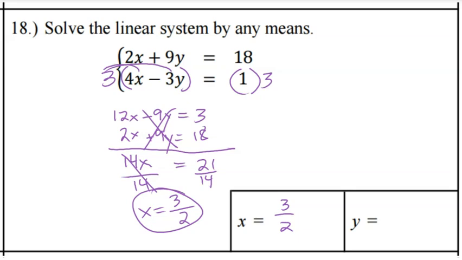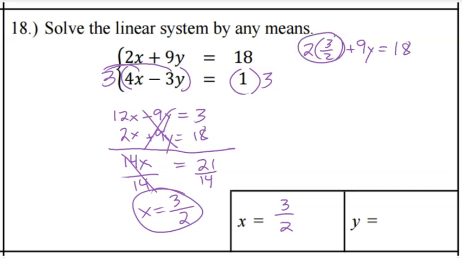Then I'm going to take the 3 over 2 and plug it in for an x in one of the two equations. This one looks pretty easy. If I put a 3 over 2 here, the 2 will cancel the denominator. So I'm going to do 2 times 3 over 2, because x is equal to 3 over 2, then plus 9y is equal to 18.